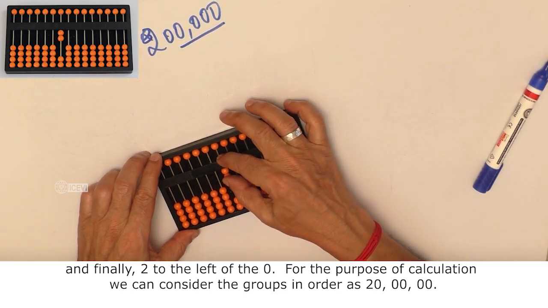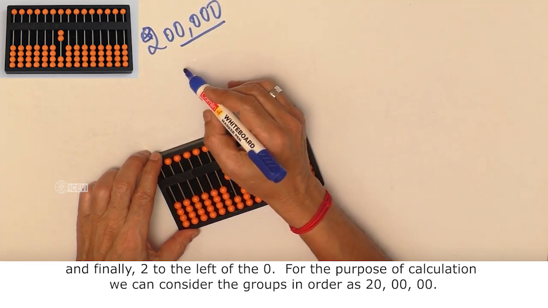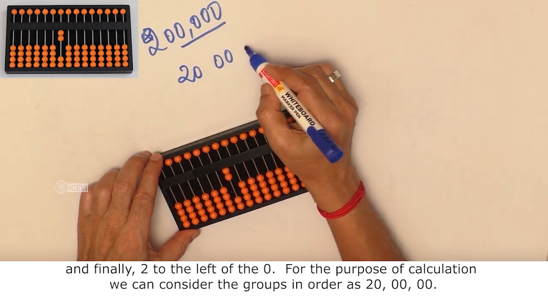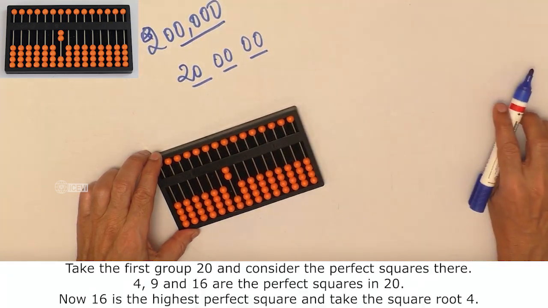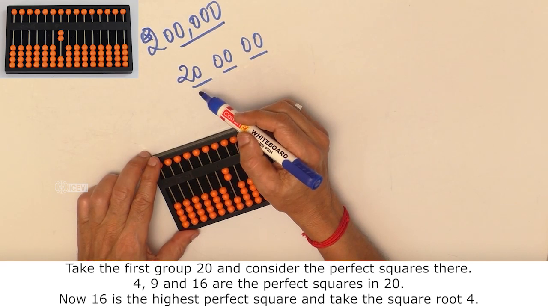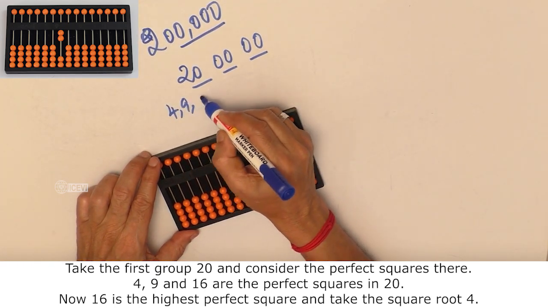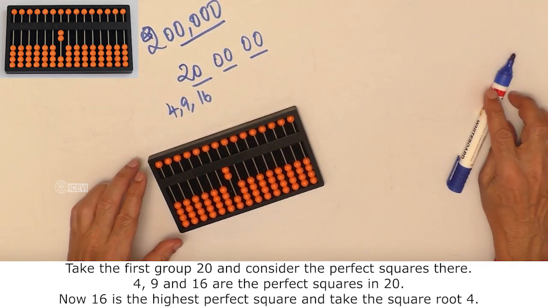Now, for the purpose of calculation, we can consider the groups of this number as 20, 0, 0 and 0, 0. Take the first group 20 and consider the perfect squares there. 4, 9 and 16 are the perfect squares in 20.